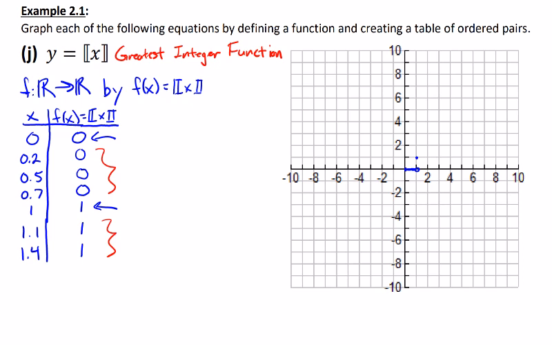So I'll put an open circle at 2, and I'll connect, and I get 2 of these horizontal lines. And if I continue this pattern, and I can do so all the way across the coordinate grid, I'm going to get all these little horizontal pieces.